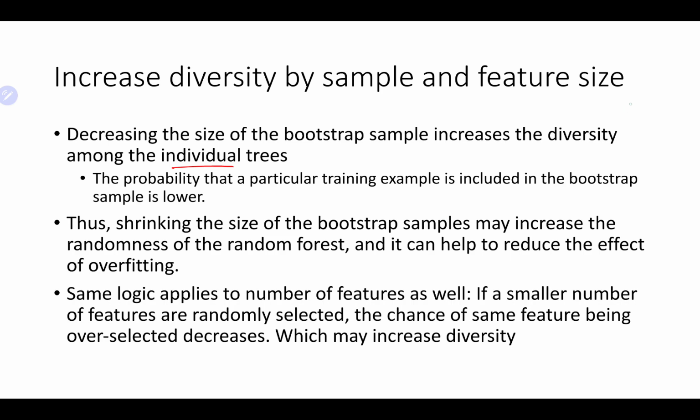Let's say we had 100 data points. Instead of creating a bootstrap with 100 data points, if we were to create a bootstrap with only 50, then there's less chance of the same data points appearing in these 50 data points. And so each tree will be grown on quite different data sets. So this will increase the diversity in the trees being created.